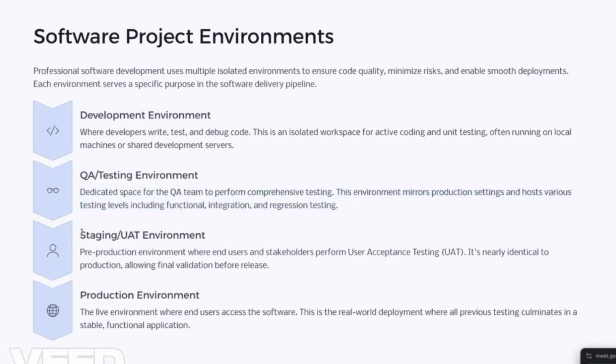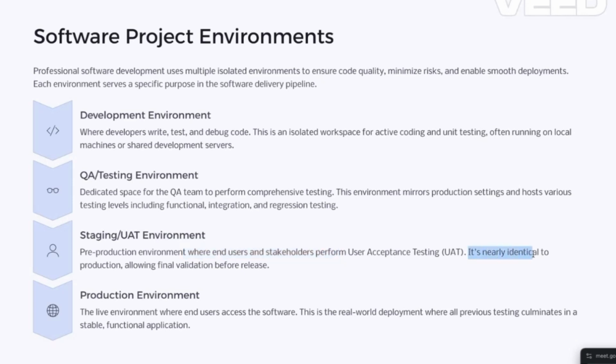So then comes the staging or UAT environment. Staging or UAT environment is a pre-production environment where end users and stakeholders perform user acceptance testing. It is almost the same version that will be deployed to production, that is, the main environment where end users work.